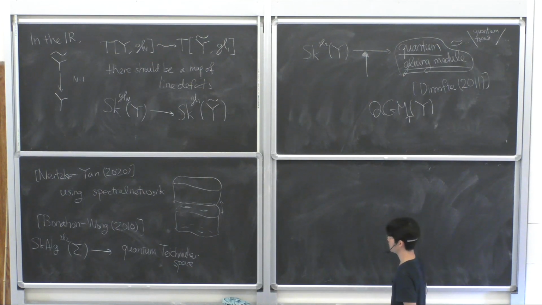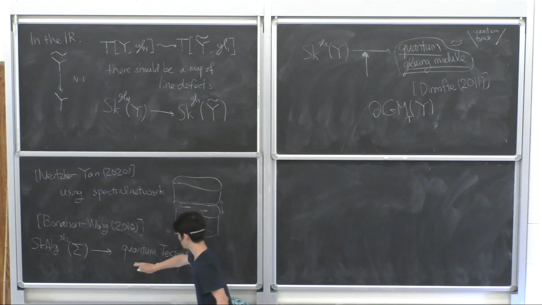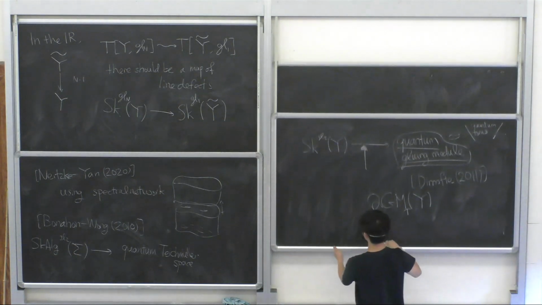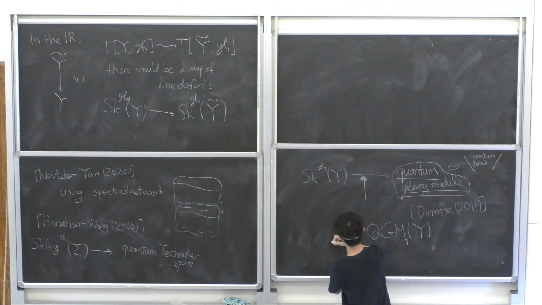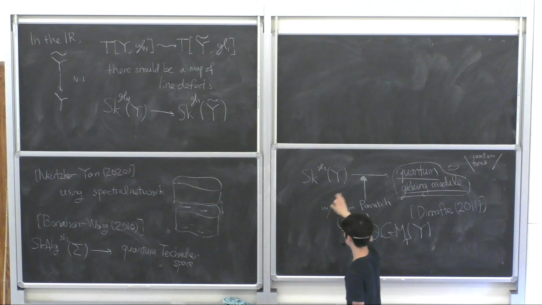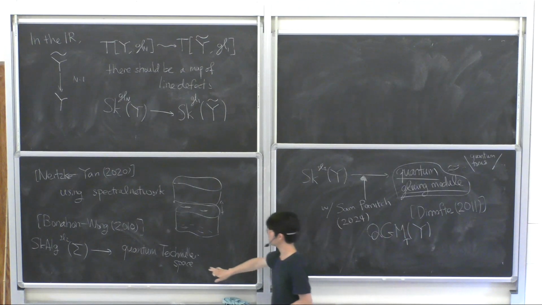In this combinatorial version, the construction I'm about to give, which is joint work with Sam Panich, it's kind of clear what we should do to generalize it to higher rank, for SLN.